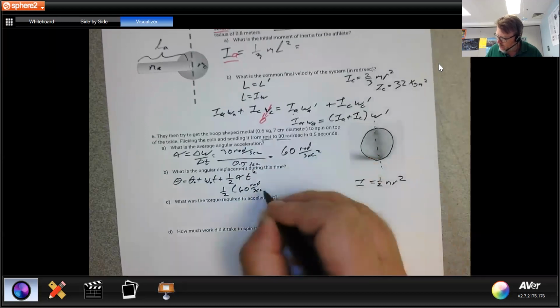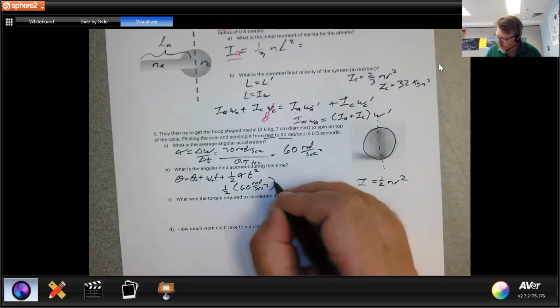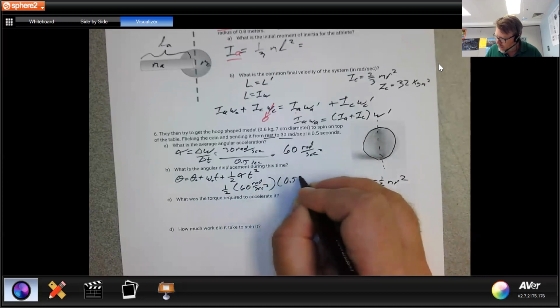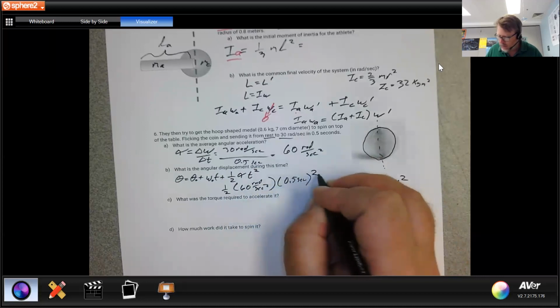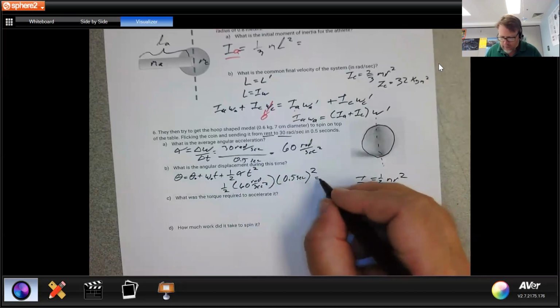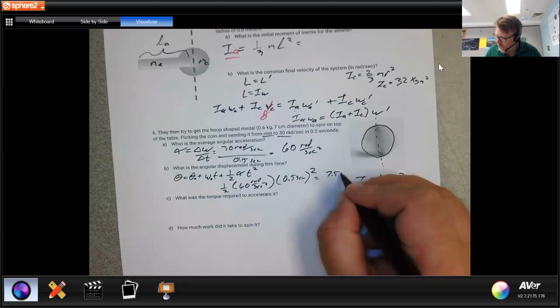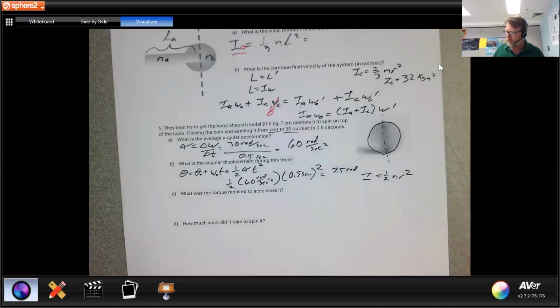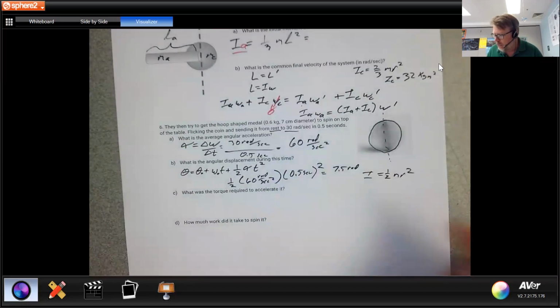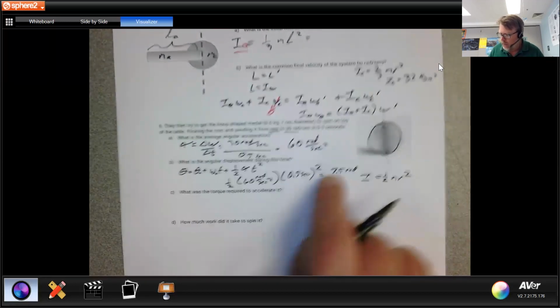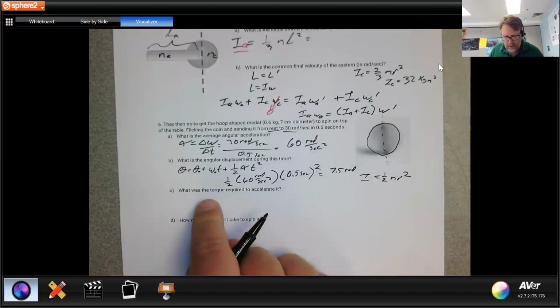By the way, that was supposed to be squared, times 0.5 seconds squared. So that should have given you 7.5 radians. That's all happening within 1/2 second, so it's fairly quick.